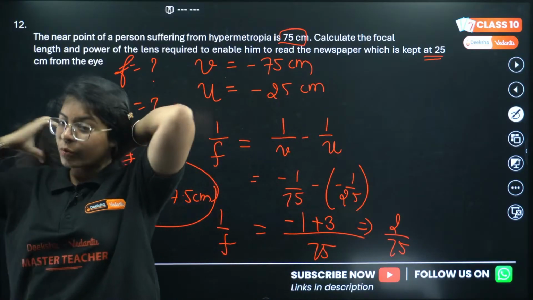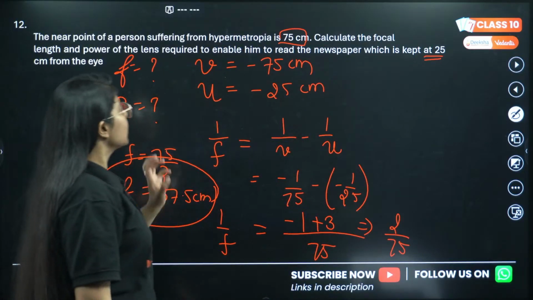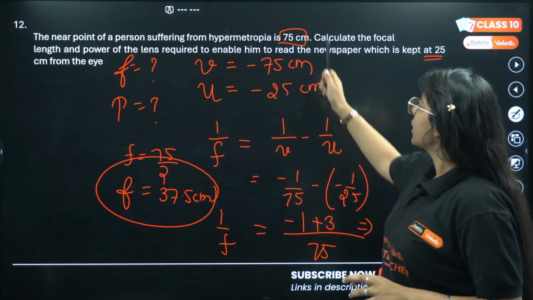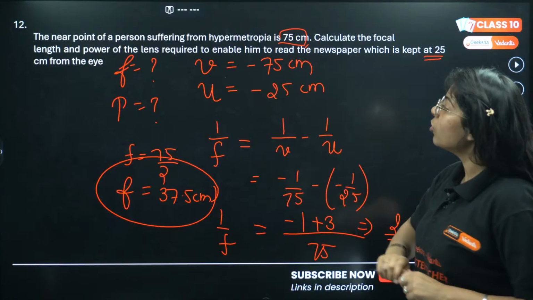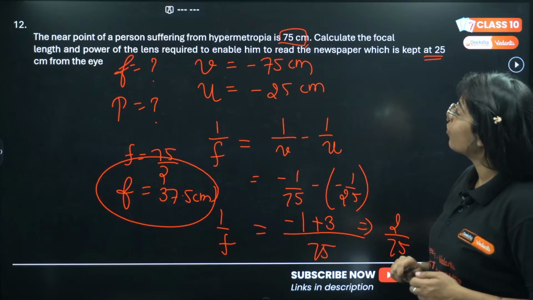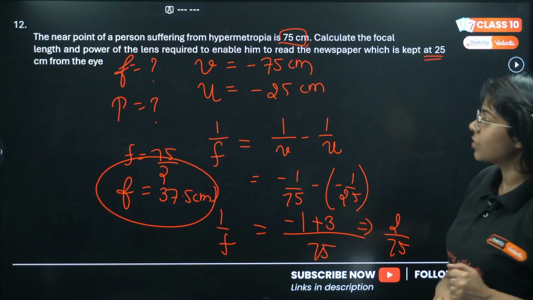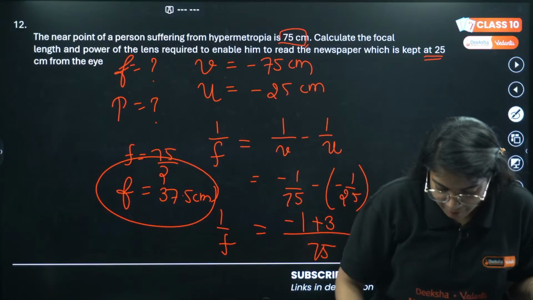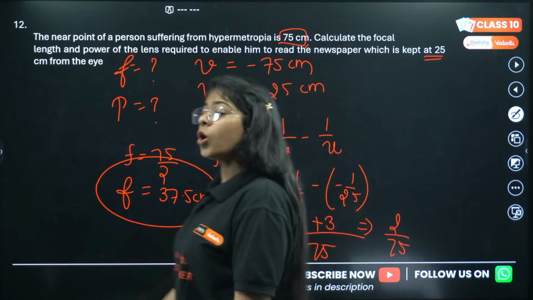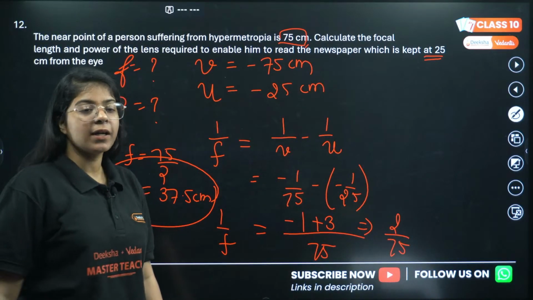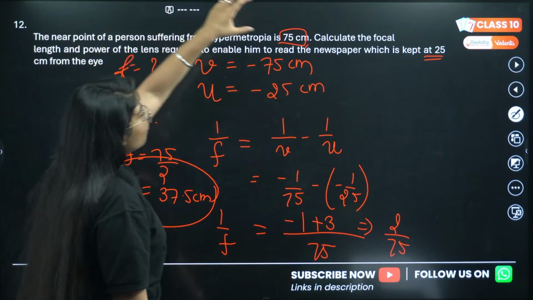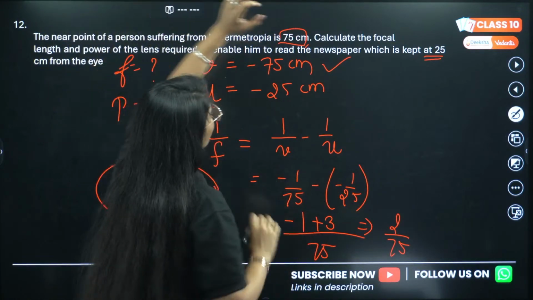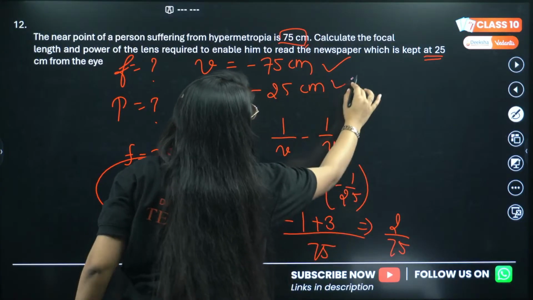We are doing this question where we are given that the near point of a person suffering from hypermetropia is 75 centimeter. Calculate the focal length and power of the lens required to enable him to read the newspaper, which is kept at 25 centimeter from the eye. In the near point, the near point that is given is my V, and we have to calculate the focal length. The object is kept at 25 centimeter.